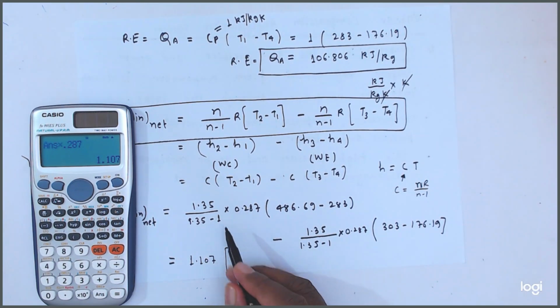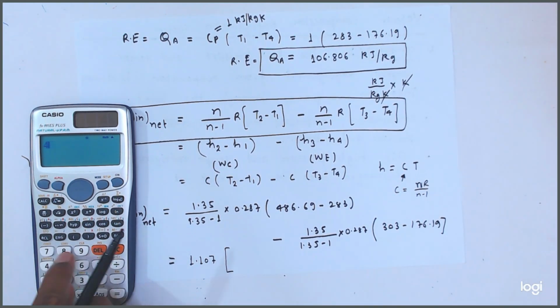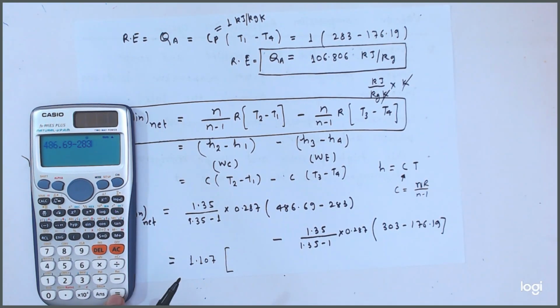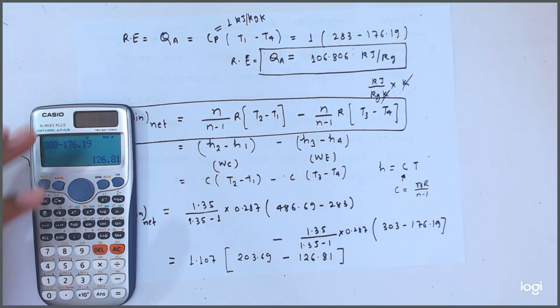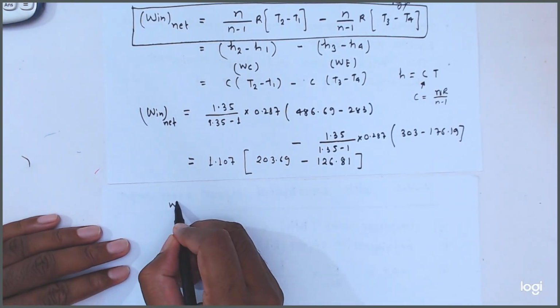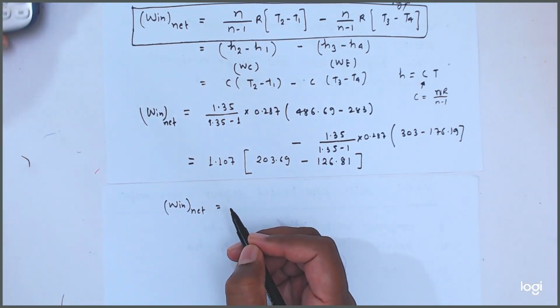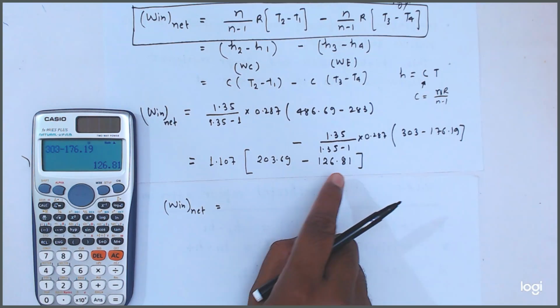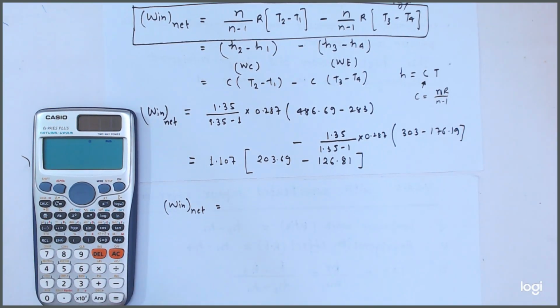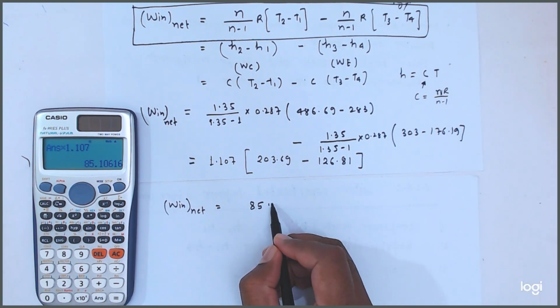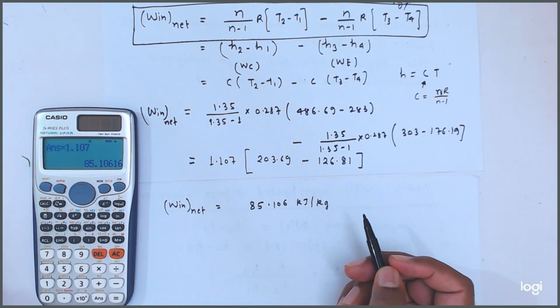This value 486.69 minus 283 gives 203.69, and 303 minus 176.19 gives 126.81. So the net work input is (203.69 minus 126.81) into 1.107, which gives approximately 85.106 kilojoule per kg.